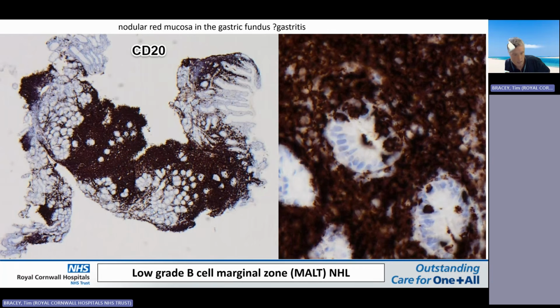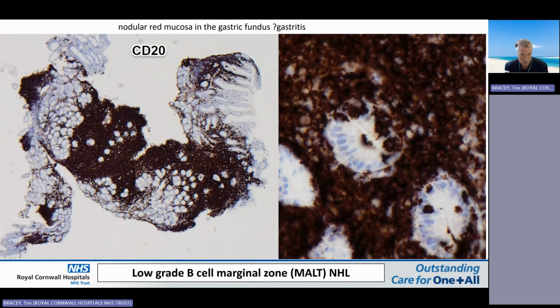So H. pylori drives the development of MALT, which is mucosal associated lymphoid tissue, and that can become neoplastic. And I put neoplastic in inverted commas because it's a kind of in the hinterland between neoplasia and reactive, because one thing that's unusual about MALT lymphomas is they nearly always, if they're limited to the mucosa and submucosa, resolve with H. pylori eradication.